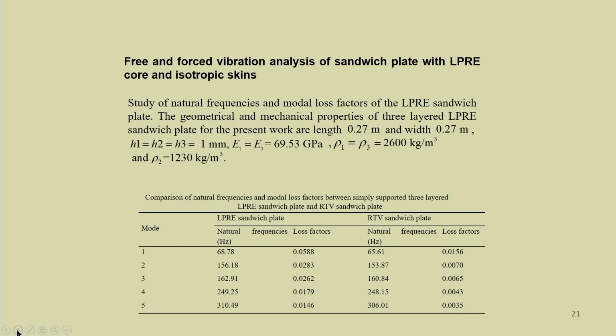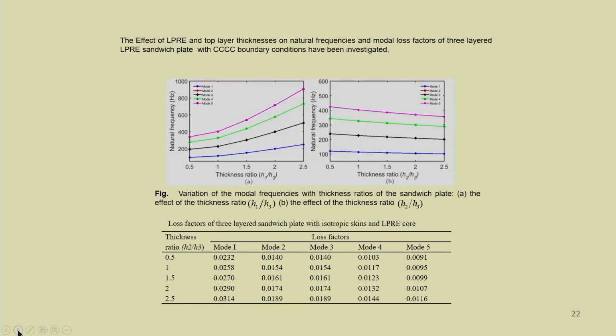So, here the pre and post force vibration things have been studied initially by developing a code in MATLAB. Here the natural frequency and loss factor are determined by finding the eigenvalue of the M inverse K matrix. Now you can see how the natural frequency is varying with different thickness ratio H1 by H3.